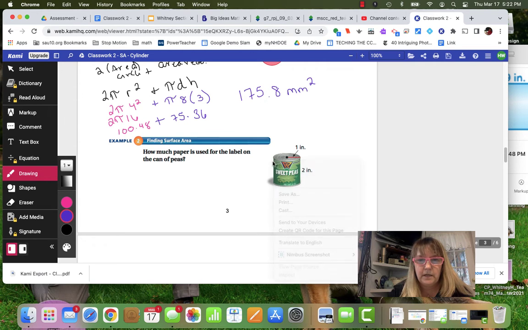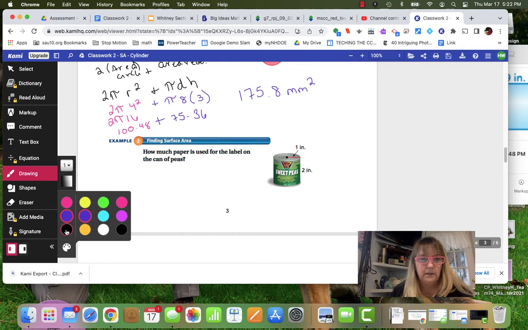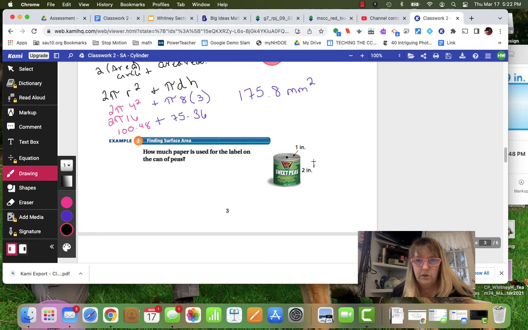Okay, this next one is asking how much paper is used for the label on the can of peas. In this case, I don't really care about the area of the top or the bottom. All I really want to know is the area of the actual paper. If I undo that, it will be a rectangle where the height is 2 and the length is pi times the diameter.